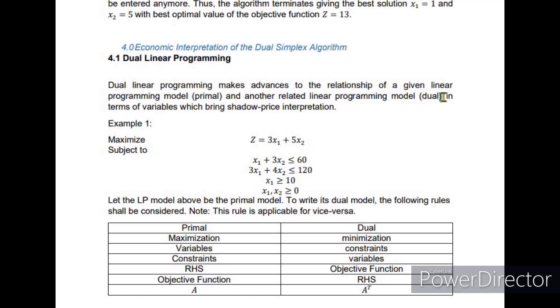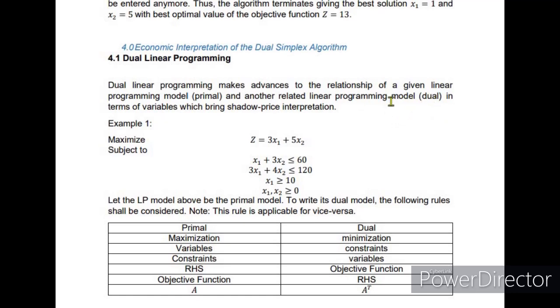Meaning this dual linear programming model is related to the primal model in terms of variables, which bring shadow price interpretation. So this shadow price will be interpreted by the variables we will find in the dual programming model.